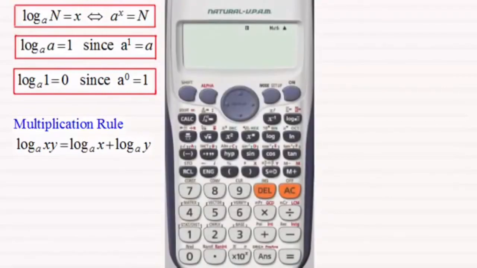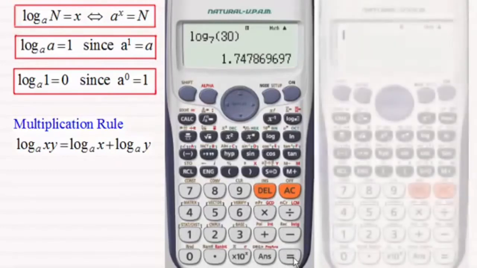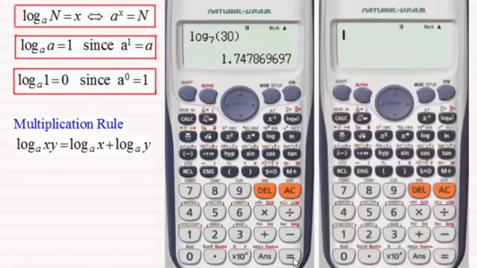Now this can easily be demonstrated on any scientific calculator. Let's say we take the log in, say, base 7 of, say, 30. So what do we get? 1.747, etc. Now 30 is exactly the same as, say, 5 times 6.